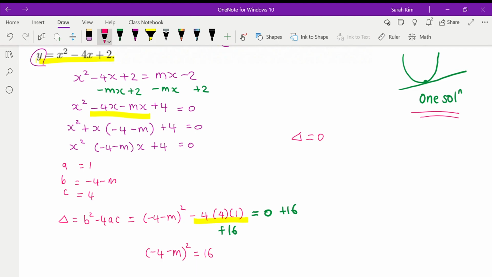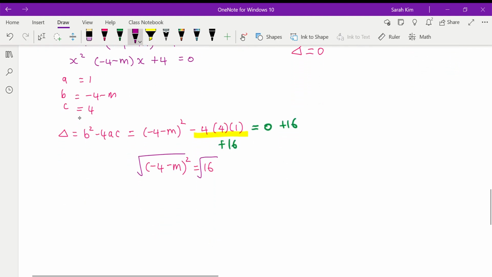Rather than doing the square, I'm going to get rid of the square by doing the square root. So these cancel out, and I get minus 4 minus m equals plus or minus 4. I'm going to just leave that as 4, and then we do plus 4 to get rid of it.